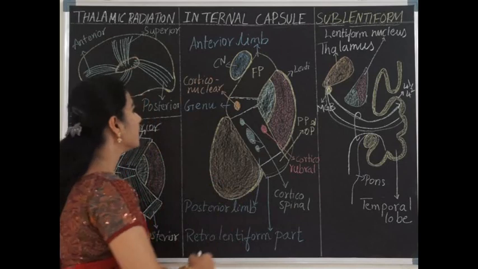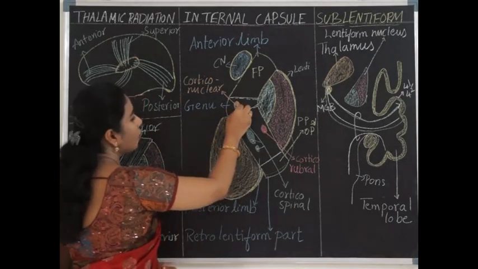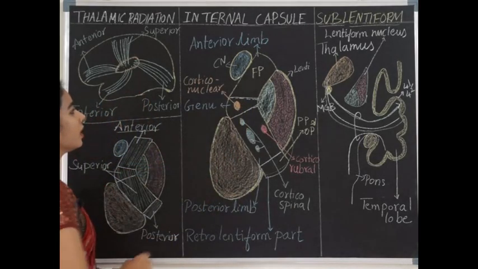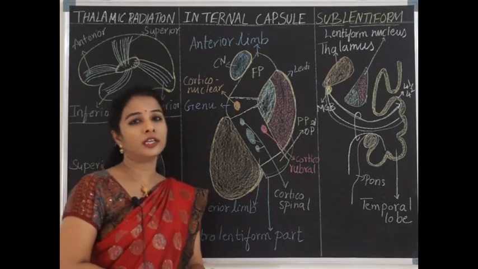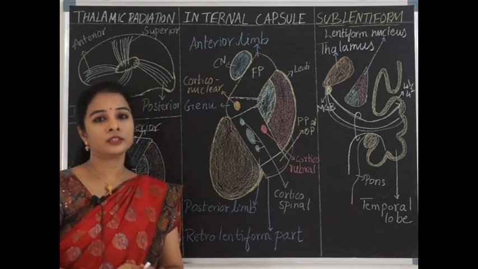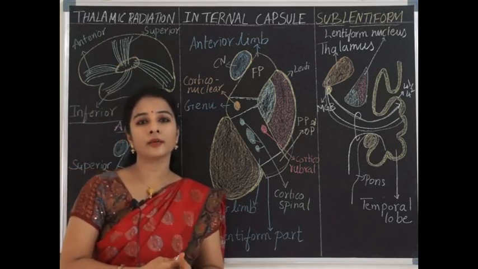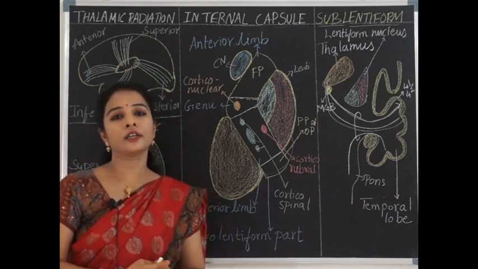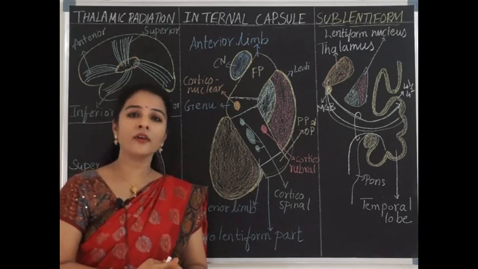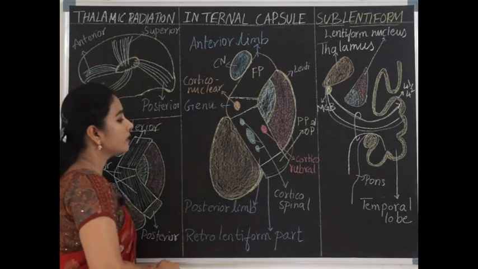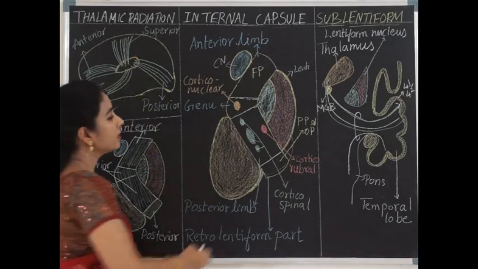Corticonuclear fibers are present in the genu of the internal capsule, and they run and relay in the brain stem. All the motor nuclei of the cranial nerves relay there, and they mainly supply the muscles of the head and neck.